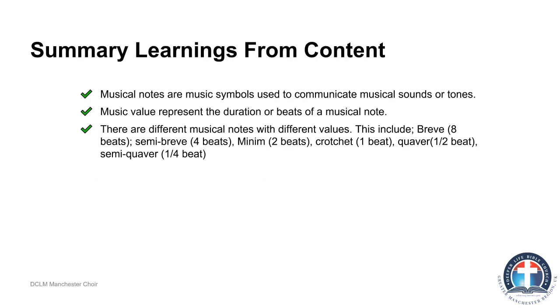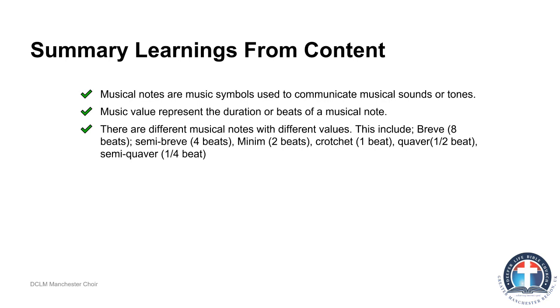In summary, we've been able to look at the music notes and their symbols and how these are used to communicate musical sounds or tones. We've also seen that the music value represents the duration, or the length of time, a music note is produced or held.